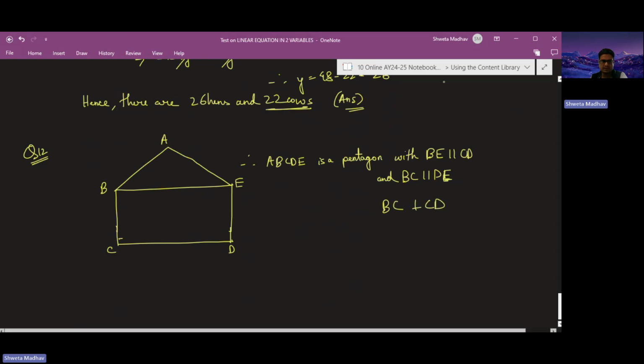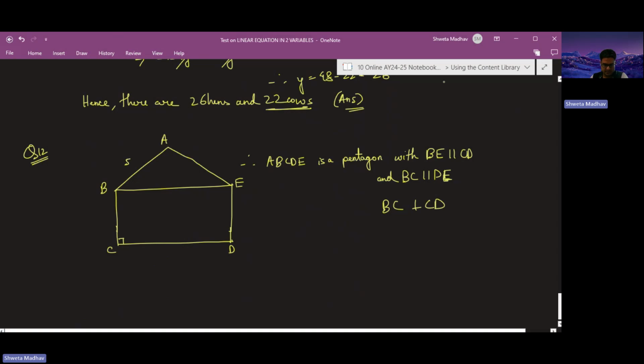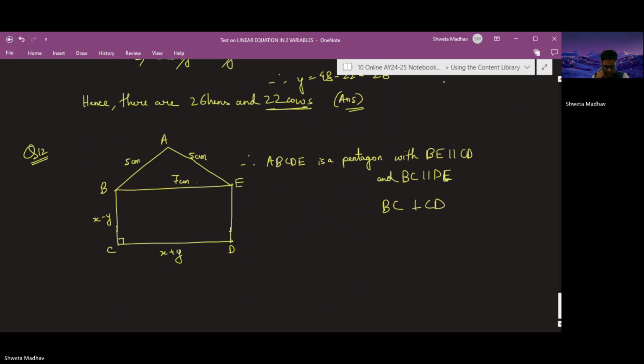AB is 5 centimeters, and AE is also 5 centimeters, and BE is 7 centimeters, BC is x minus y centimeters, CD is x plus y centimeters. So hence, this is the perimeter.